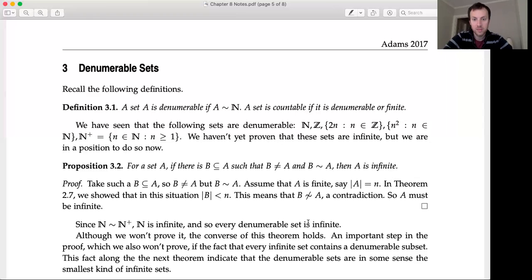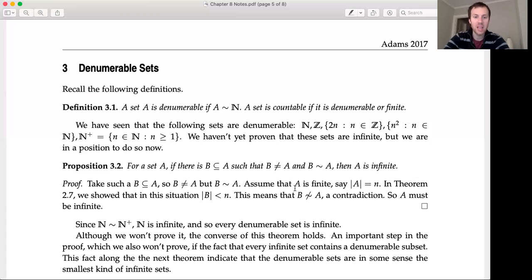But what we can say is that if A has size n and B has size less than n, then they can't be equinumerous. So for finite sets, you can only have one size.